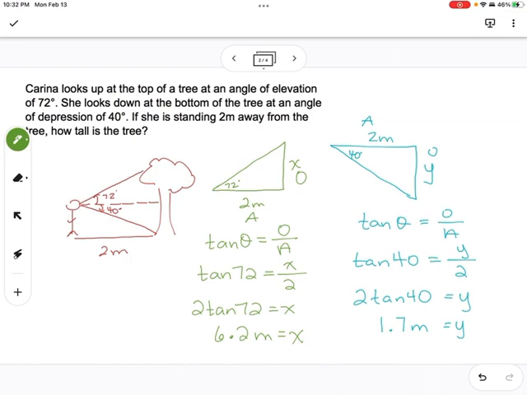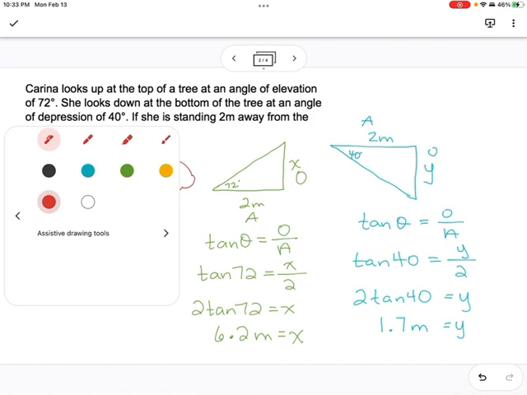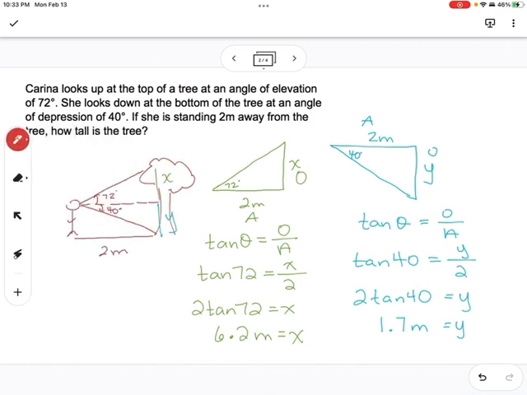Okay, so we have this piece as x. We have this piece as y. So to find the height of the tree, we actually want to add x and y together. So x plus y equals our height of the tree.